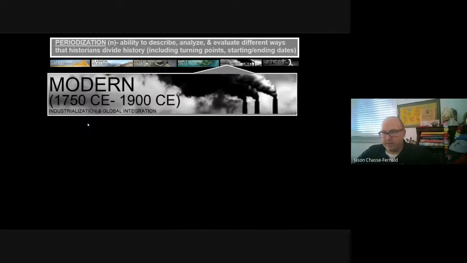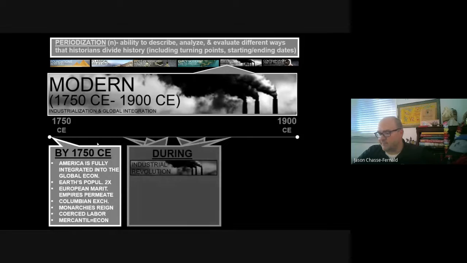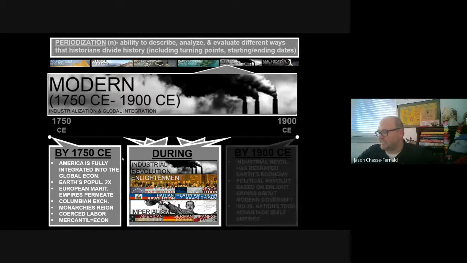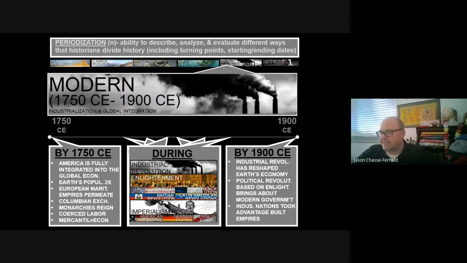And I guess we're going to start by looking at a few things regarding what this is. If there are good examples of divergences or turning points in history, the Atlantic revolutions are definitely a good example. And the Industrial Revolution is another great example.